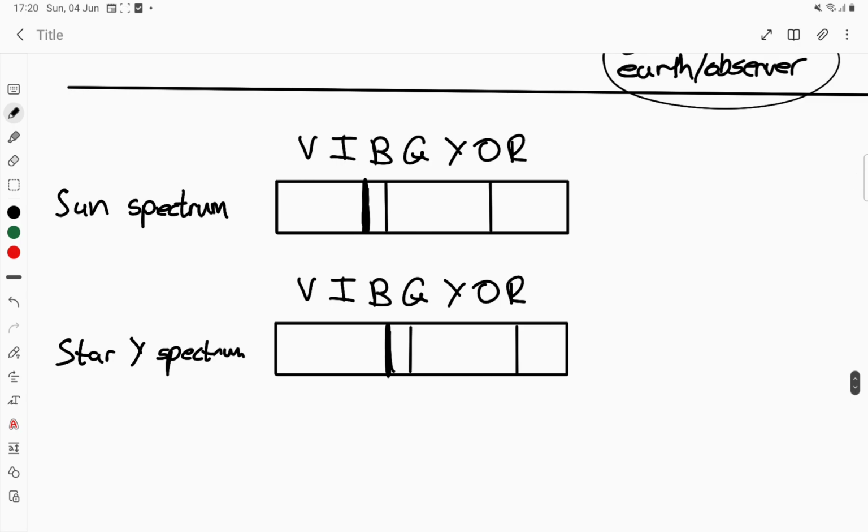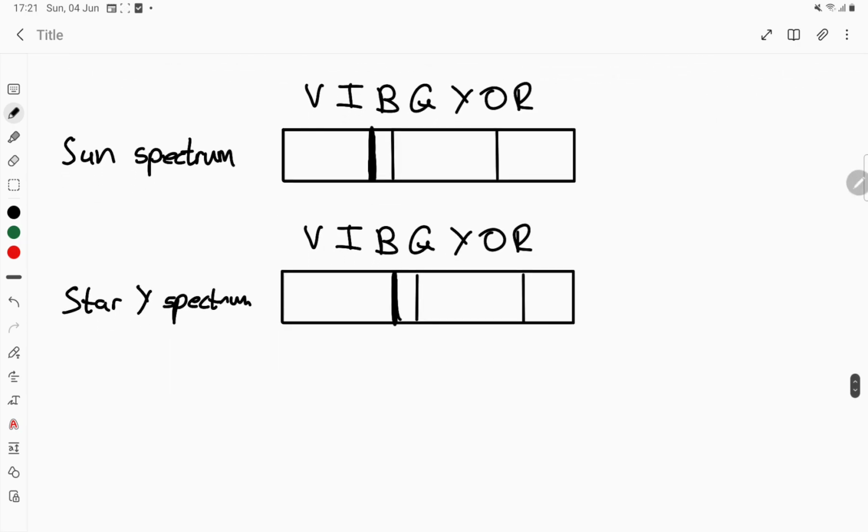We have the same sun spectrum, and then we have star Y. Now there's a shift towards the right. So this is now a little bit to the right, and that is shifted a little bit to the right. So we have a red shift. So is star Y moving towards the sun, away from it, towards the Earth, away from it?